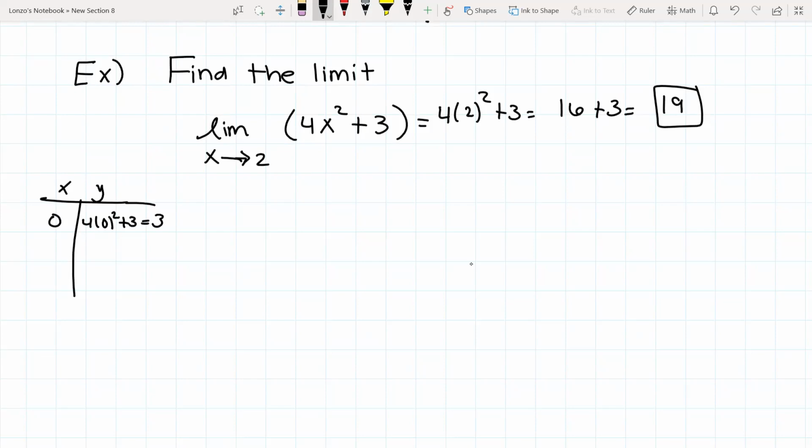Since it's a parabola, the domain is all real numbers. If we plug in 2, you get 19. That's good enough.